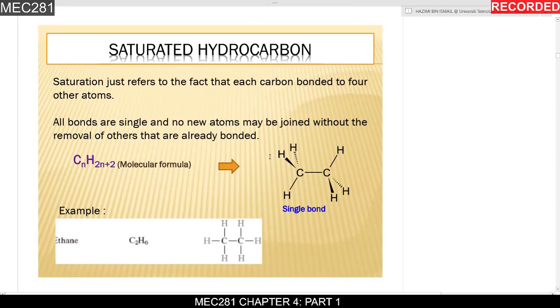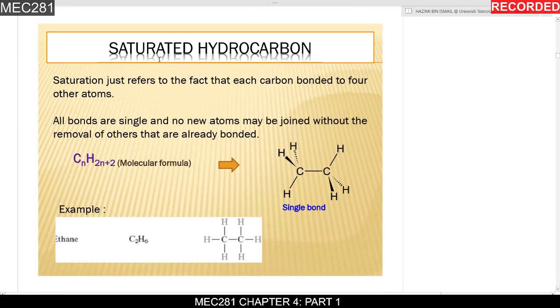Okay, so what is the definition of saturated hydrocarbon here? The saturation just refers to the fact that each carbon is bonded to 4 other atoms. All bonds are single and no new atoms may be joined without the removal of others that are already bonded.